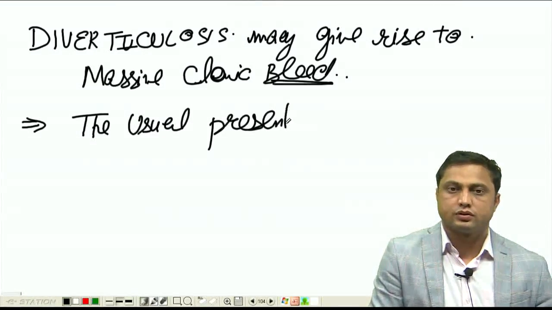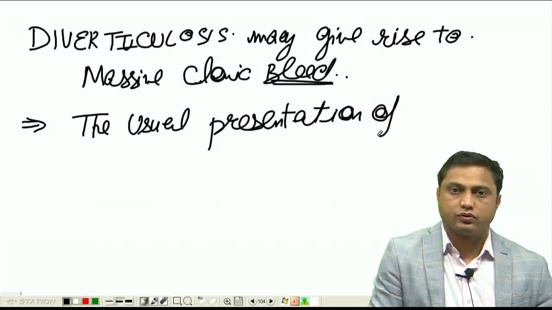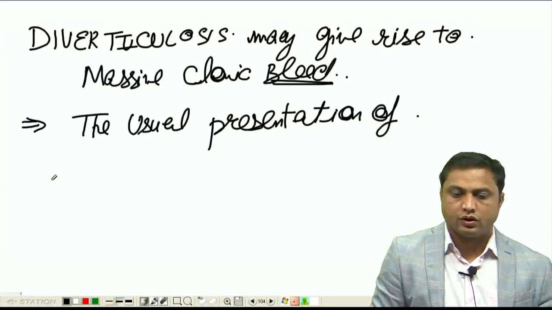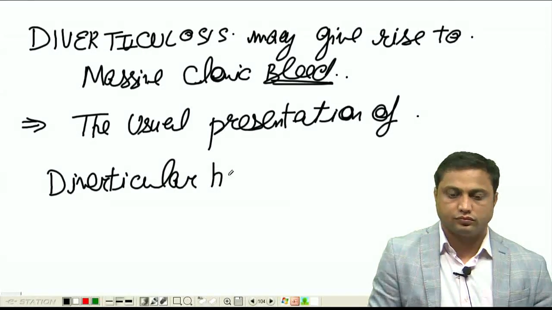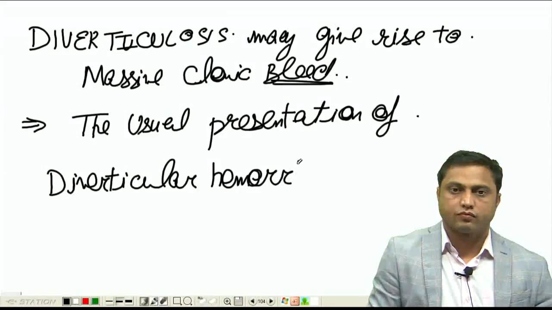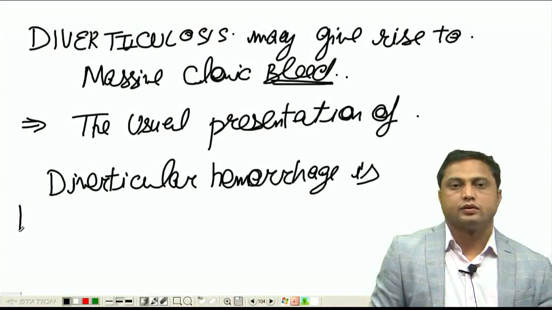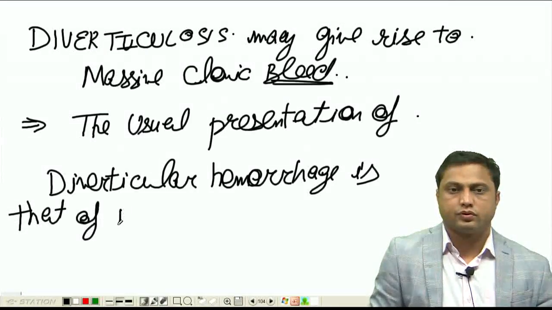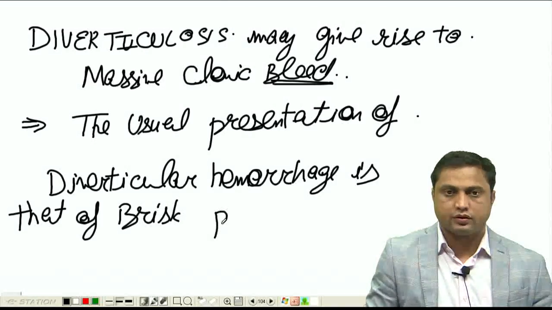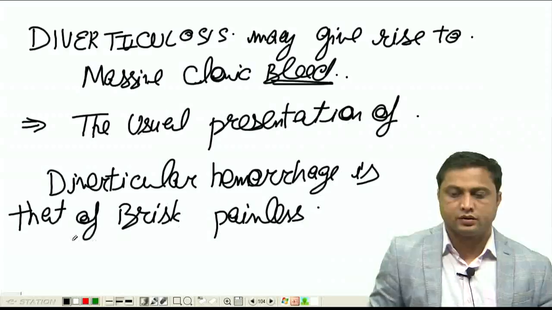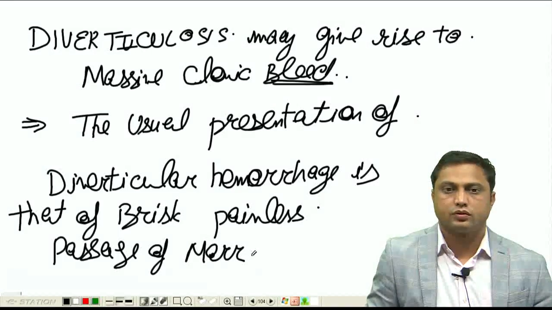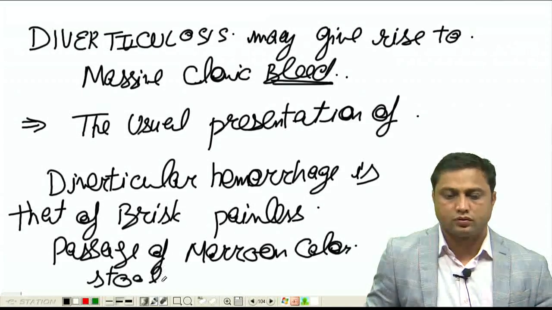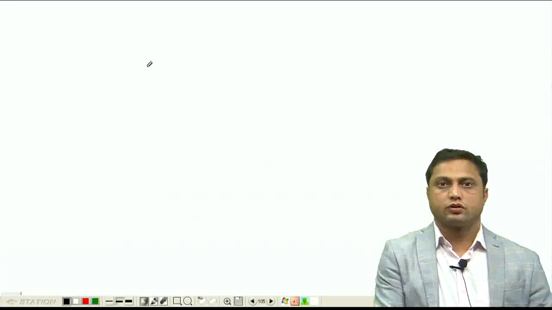The usual presentation of diverticular hemorrhage is that of brisk, painless passage of maroon color stool, and it is the most common cause of bleeding.